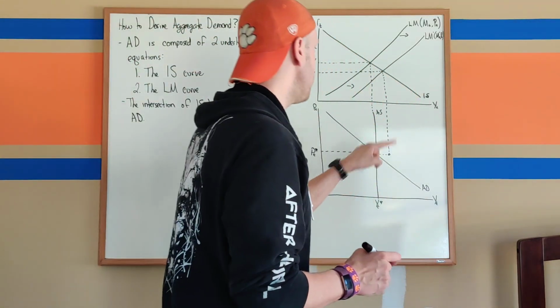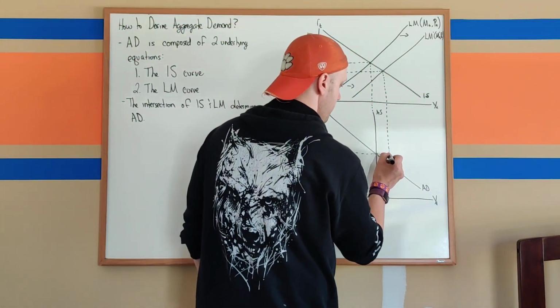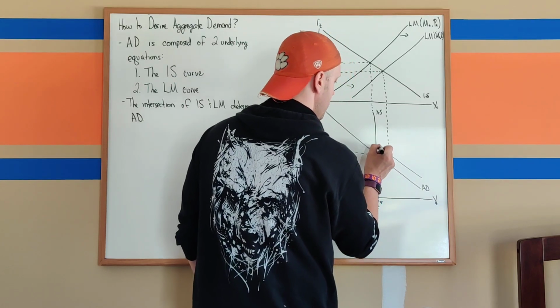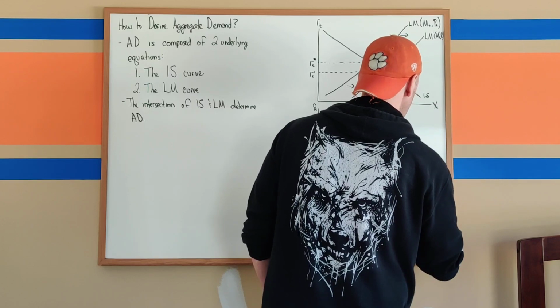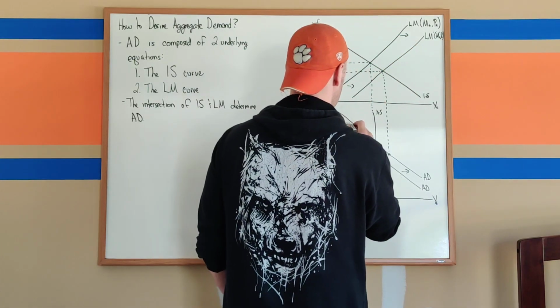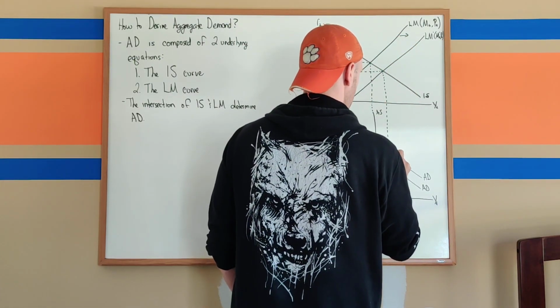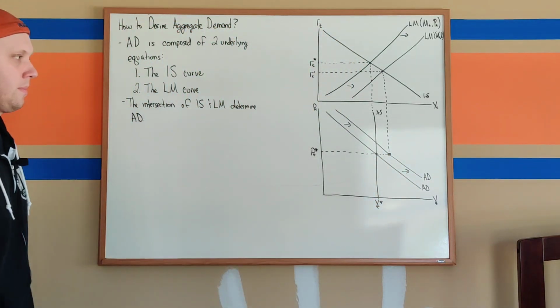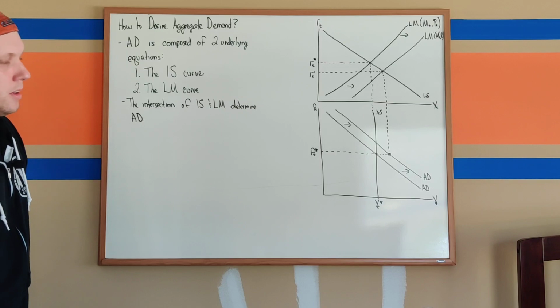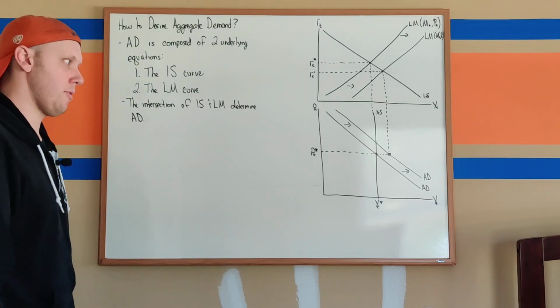So this horizontal distance the LM curve shifted is going to be equal to the horizontal distance that aggregate demand gets shifted outward. Like this. Right, now this is the output that we want to have. Well, it's a higher level of output. Why wouldn't we want more output? Everybody wants more output.